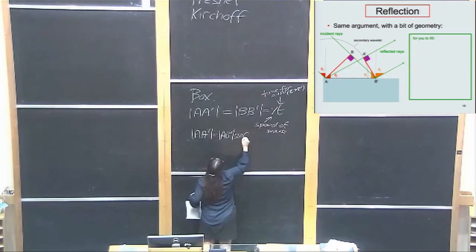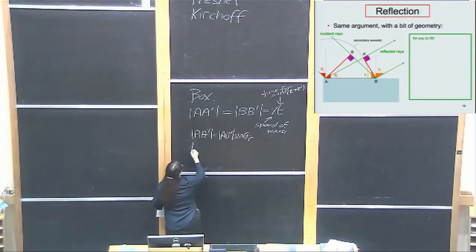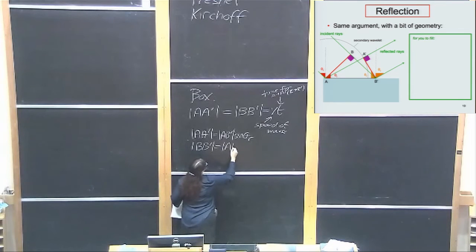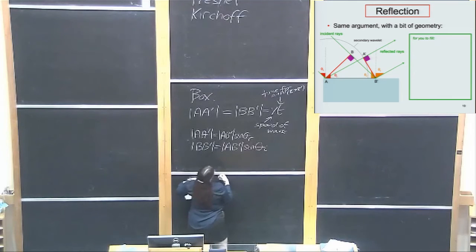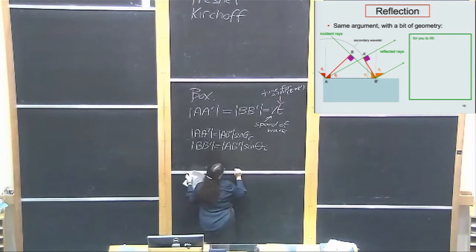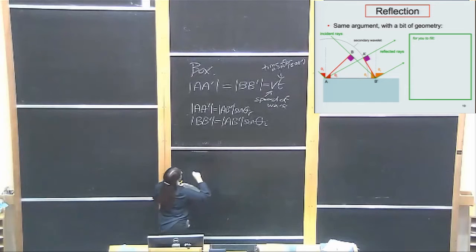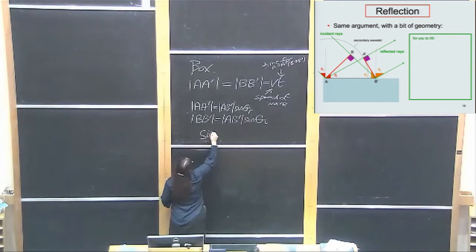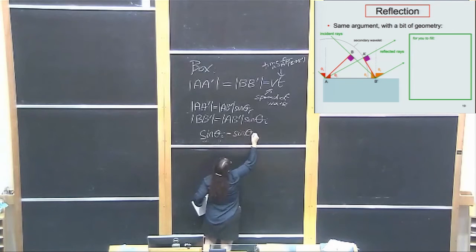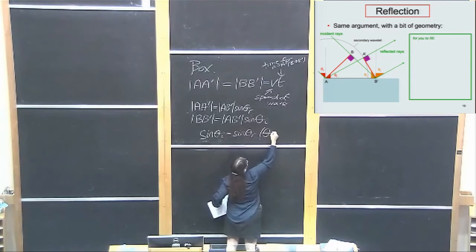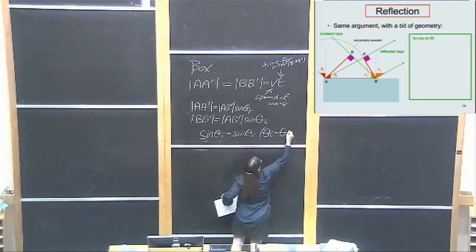So then what I can write is that is true, and also that is true. And since, due to the fact that the wavelet grows at the same rate as the incoming wave moves, I know that those two things are equal, and so that gives me the law of reflection, but of course usually just written like that.